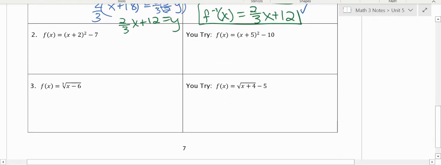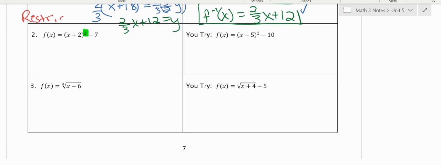For question number 2, we're going to see that since this has an x squared, that means it's a quadratic, so I have to restrict the domain. So anytime there's an x squared, the inverse is going to not be a function, so I have to restrict it. The easiest way to do that is we know the vertex for this is -2, -7, which we've seen before in our other videos.